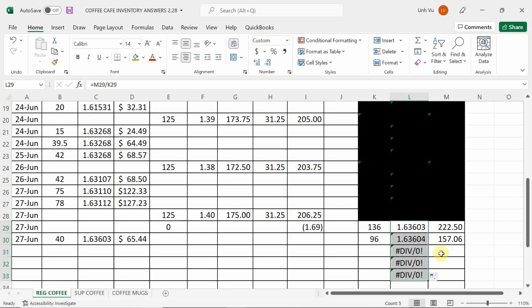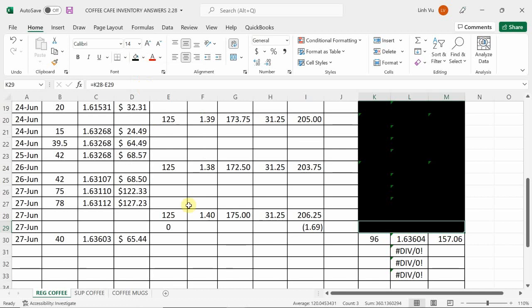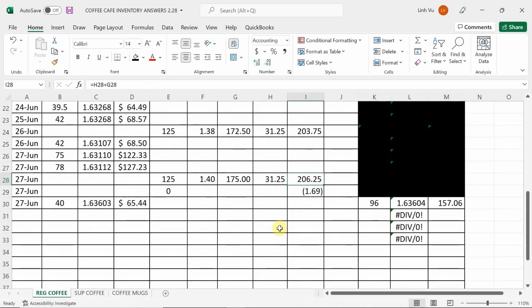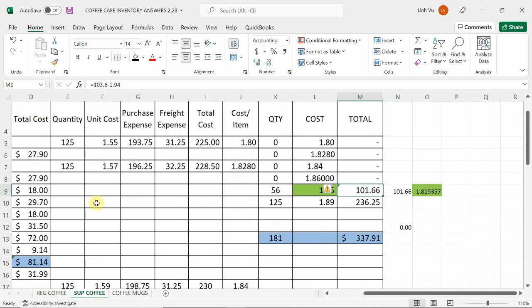So now I need to calculate my average cost, which in this case has increased by almost 10,000th of a penny. Okay. All right. So I end up using $65.44 worth of regular coffee.